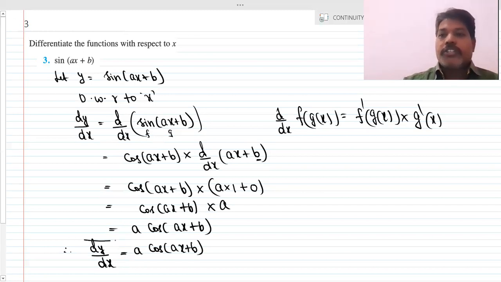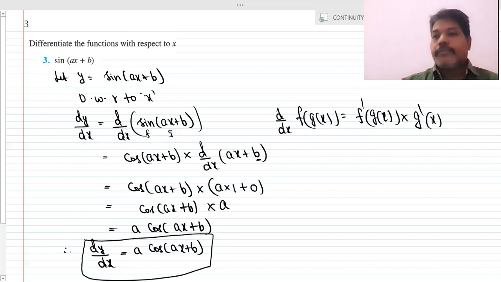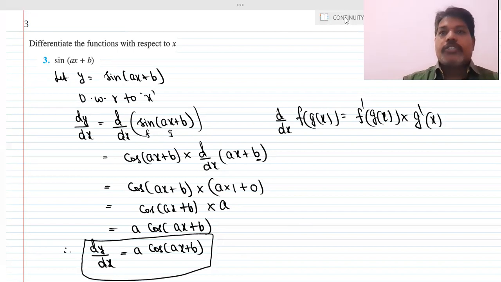So in the next questions we can write this value directly. Understand that? You have to practice this type of questions. It is a basic for problems. So the sin of ax plus b derivative is cos of ax plus b, and you will get a. That is the value you have to write directly in the next questions. Okay, students. So see the next question.